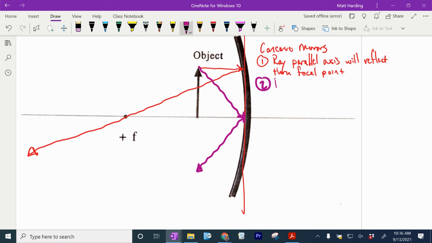And then we would say a ray striking the center of the mirror will reflect at the same angle to the normal. It's just following the law of reflection there. Theta I, theta R.